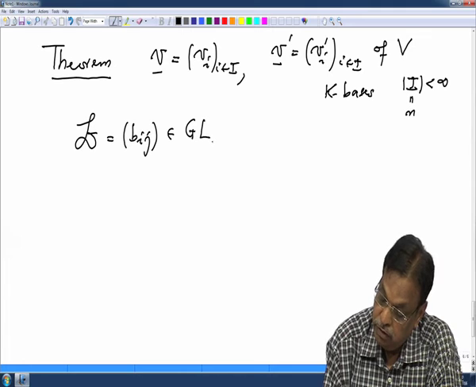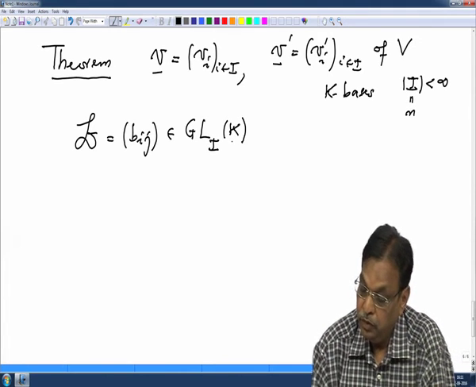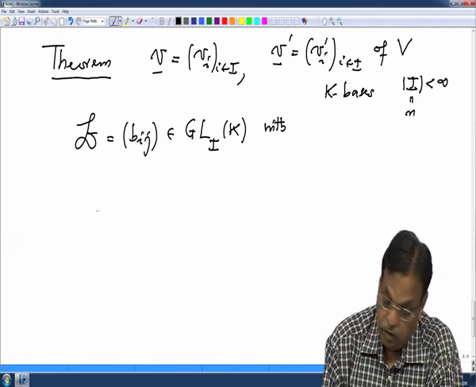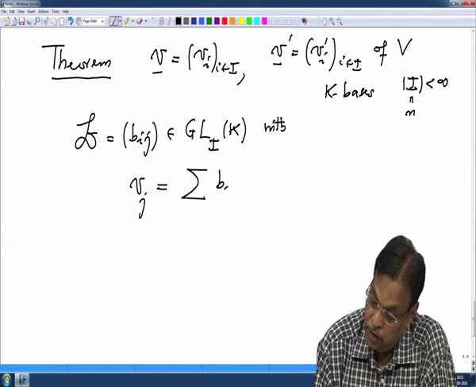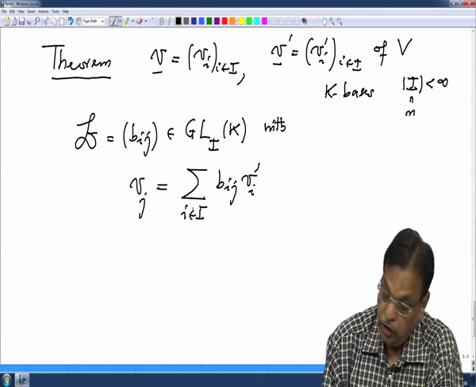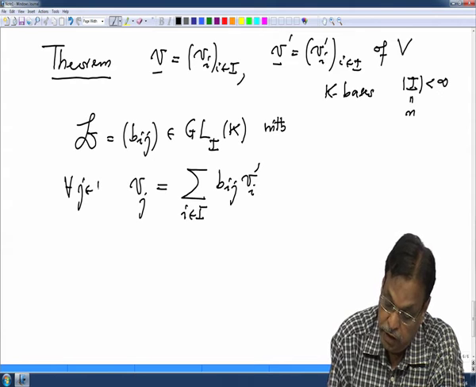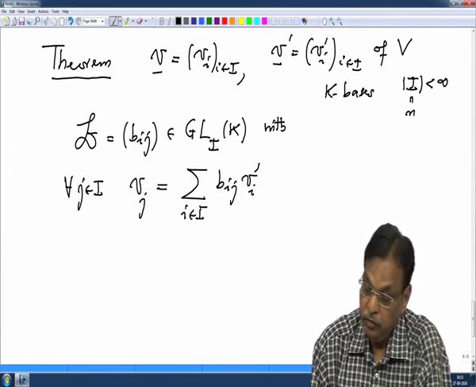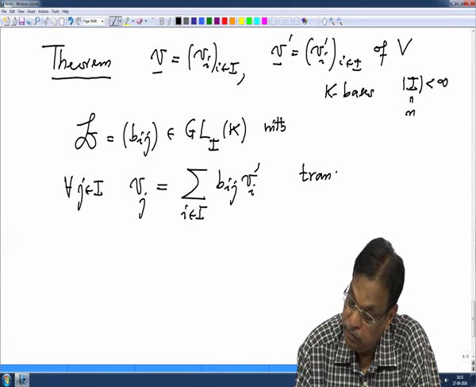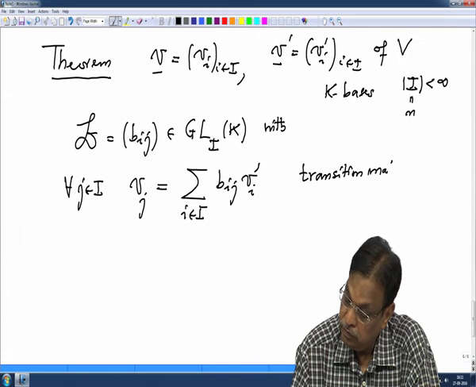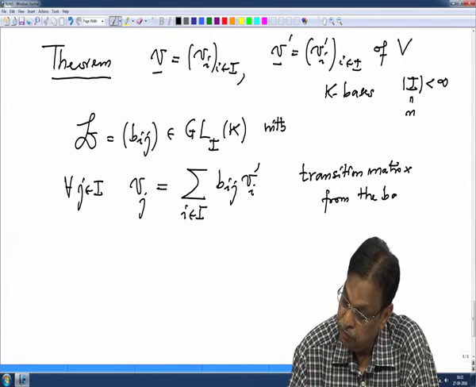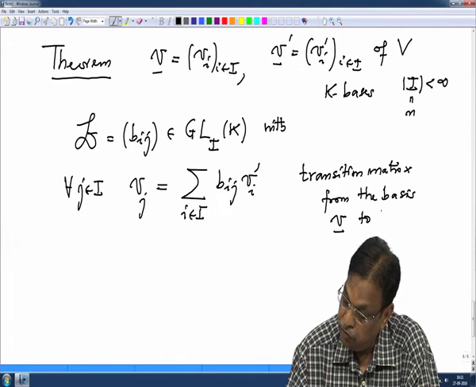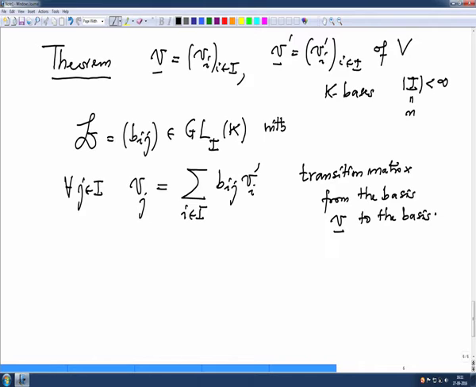This is an invertible matrix given with the jth vector Vj a combination of Bij Vi prime, i in I. This is given for every j in I. This is the transition matrix, maybe it is better to say from the basis V to the basis V prime.